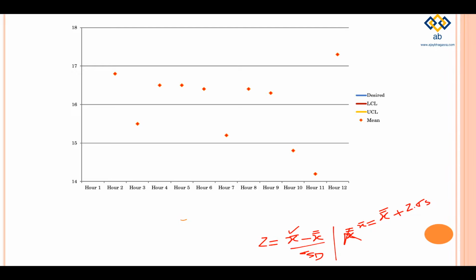Now this sigma SD you can also write as X double bar plus Z times sigma divided by root of n. We have already seen this relationship. Now, further solving it, X double bar is the desired size, the desired limit.